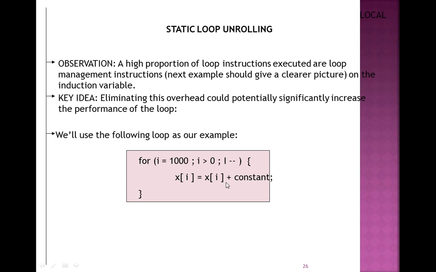Then 998 plus constant, 997 plus constant, 996 plus constant, 995 plus constant. In the same way, it will go until the i value becomes 1. That is, 999 times it will execute.